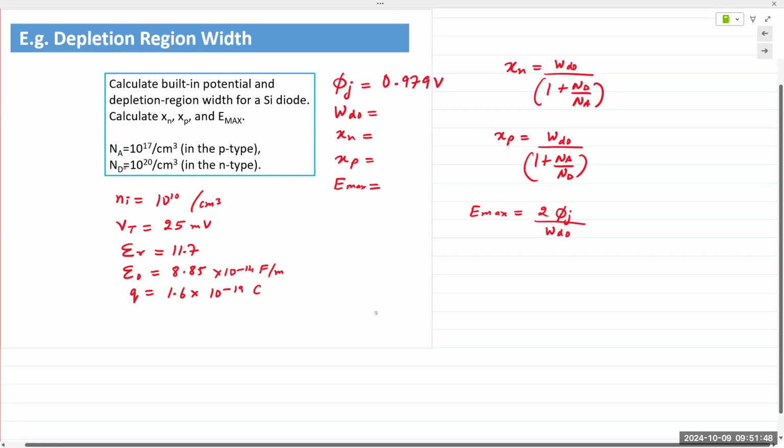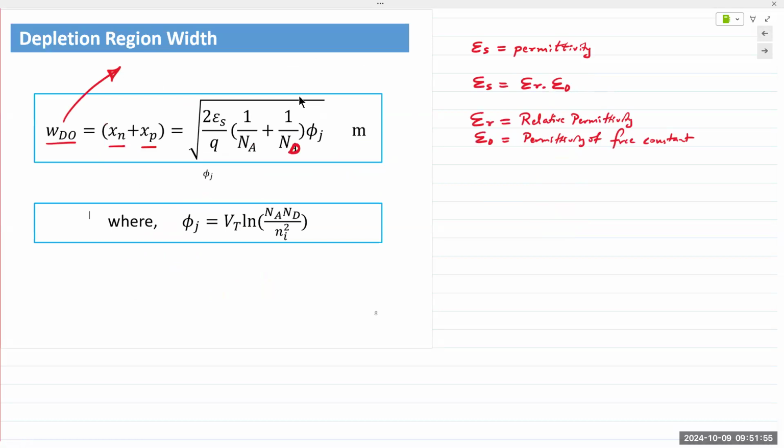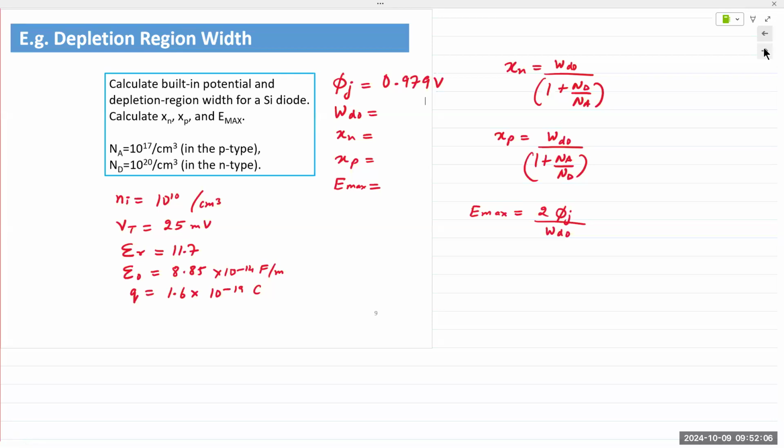And then we take that and plug it into the equation for WD0, which is this one right here: 2 epsilon S over Q times 1 over NA plus 1 over ND times phi j, all under a square root. Do you all get the same answer?